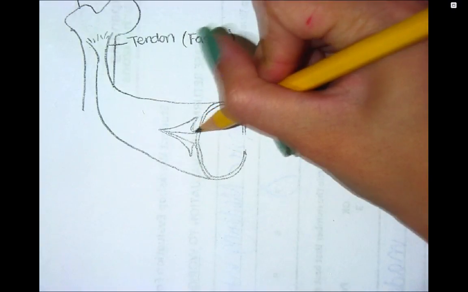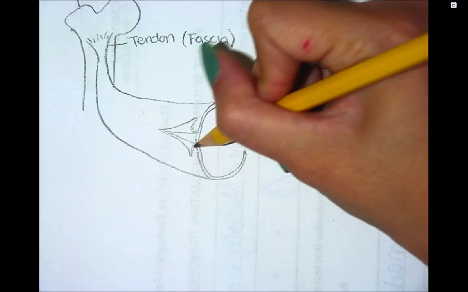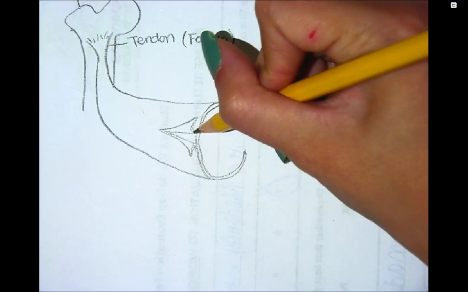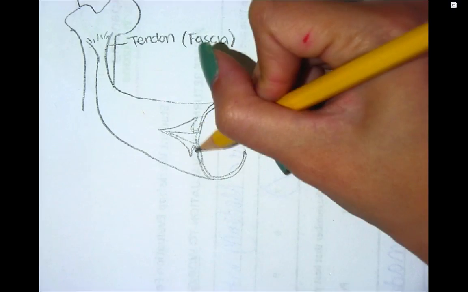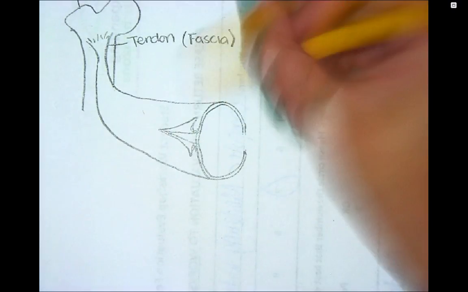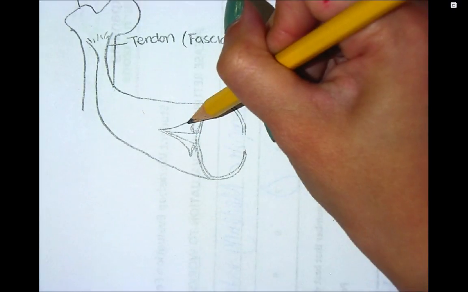I'm trying to show that we're peeling off this layer here. And this layer that you just peeled off would be the fascia.